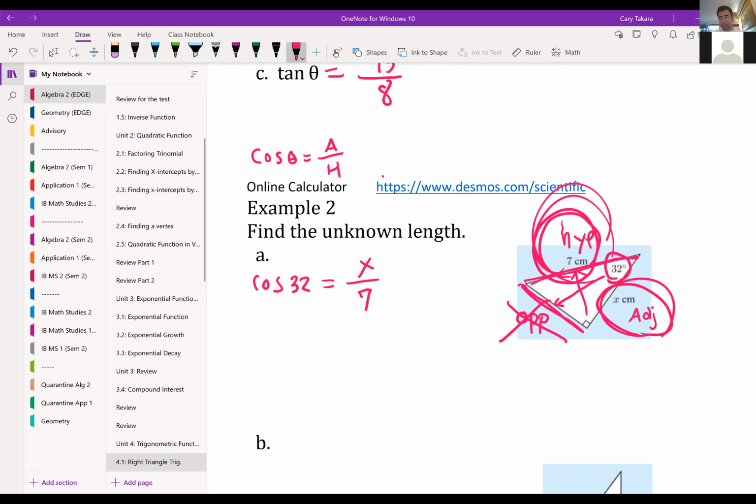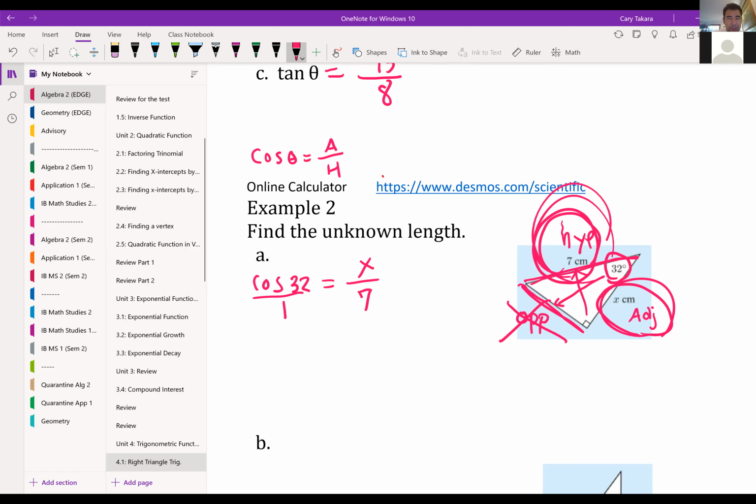Now, how do you solve it? Your teacher might have taught you different ways in geometry, but essentially, we're talking about the same thing. In this class, I want you to at least try to use a cross multiplication. First, I'm going to write cosine of 32 as a fraction. So cosine of 32 over 1, okay? And then we're going to use a cross multiplication.